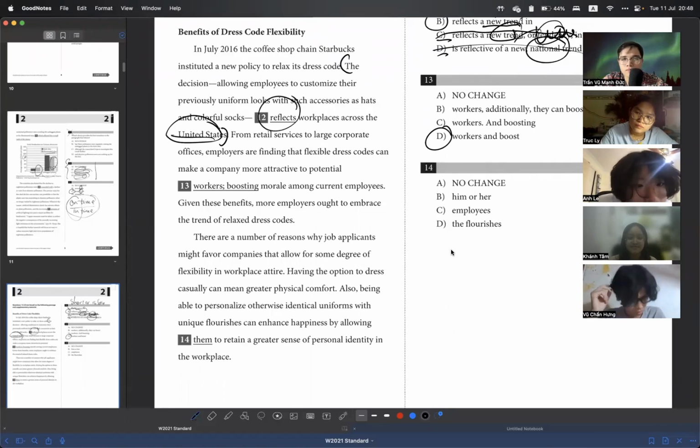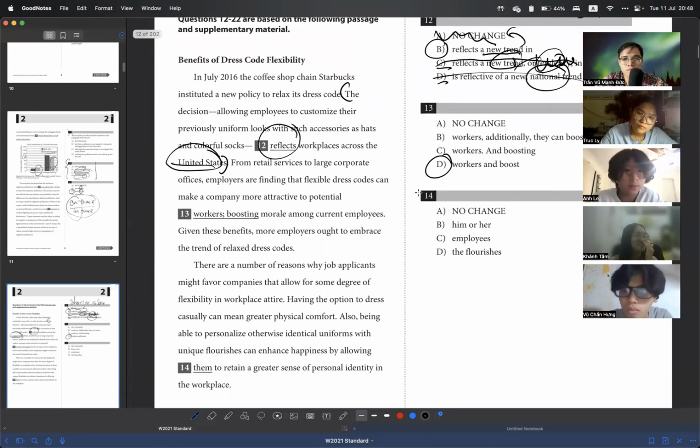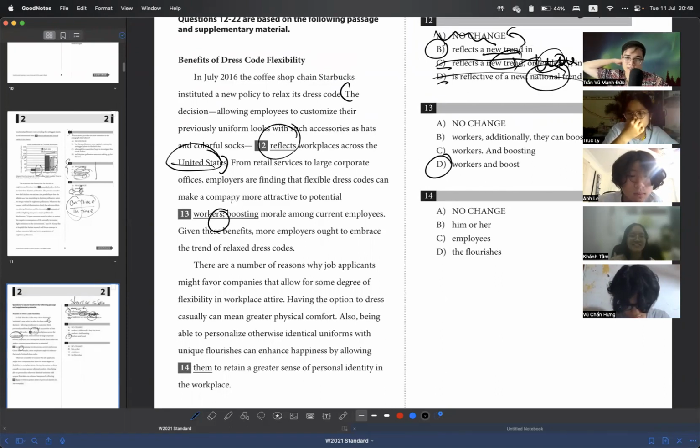Because it's not a full clause. Yes, exactly. This is a semicolon, and it expects a full clause, so A is wrong. How about C?